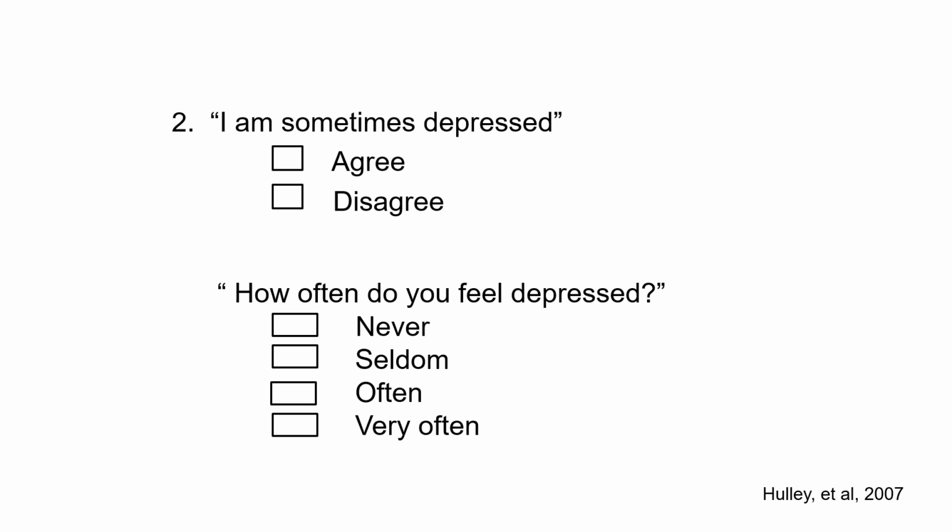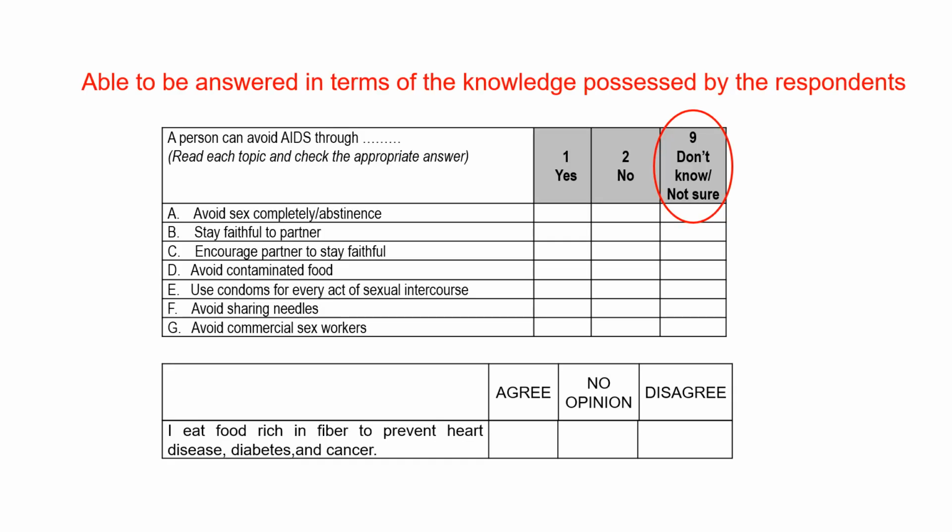Disagreeing could mean that the person is often depressed. It can be reworded to the question below. Questions should be answered in terms of the knowledge possessed by the respondents. This means offering an I don't know response, allowing for no opinion, refuse to answer, and not applicable.